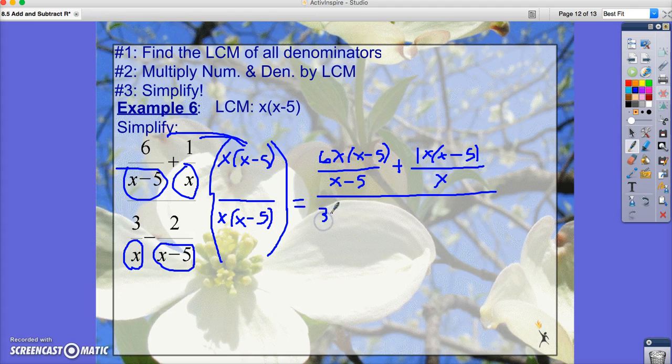Bottom left, 3x, x minus 5, over x, in the denominator, minus 2x, x minus 5. You guys see that x there? My x looks terrible. There you go.